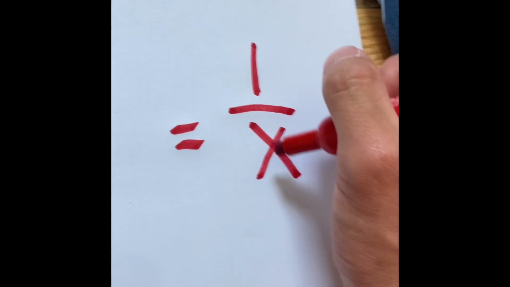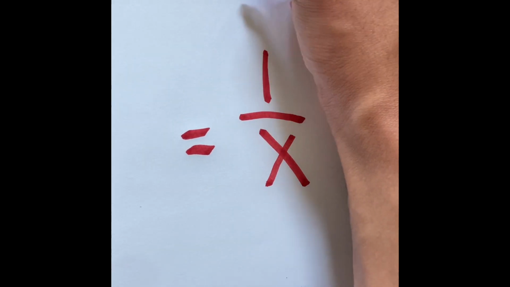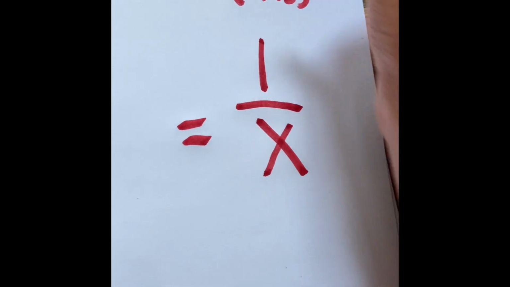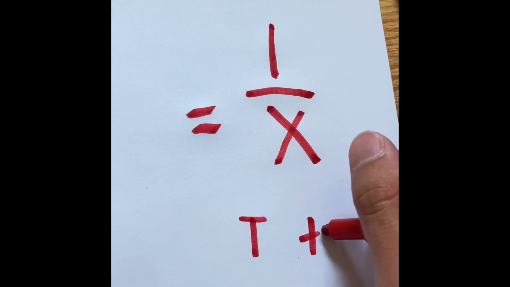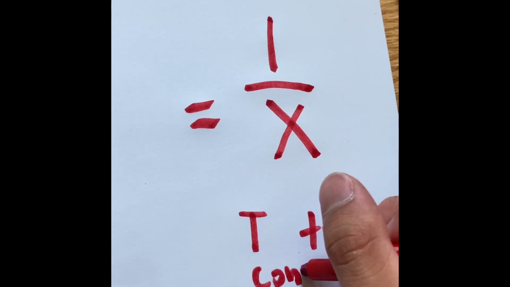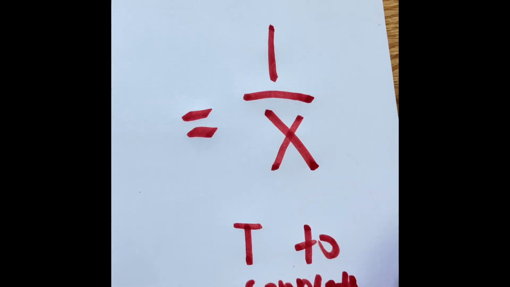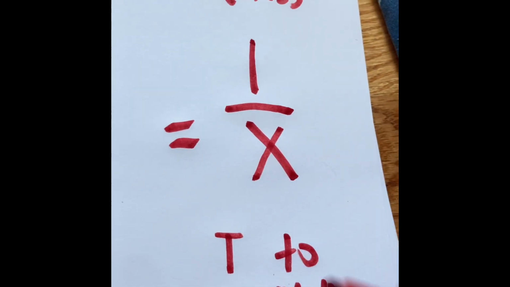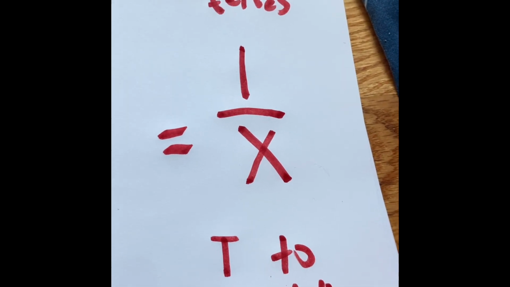The reason why is the 1 is going to be the number of fields. And the x is going to represent the time to complete the task. So the letter X is going to represent how long it would take both teams to work together.